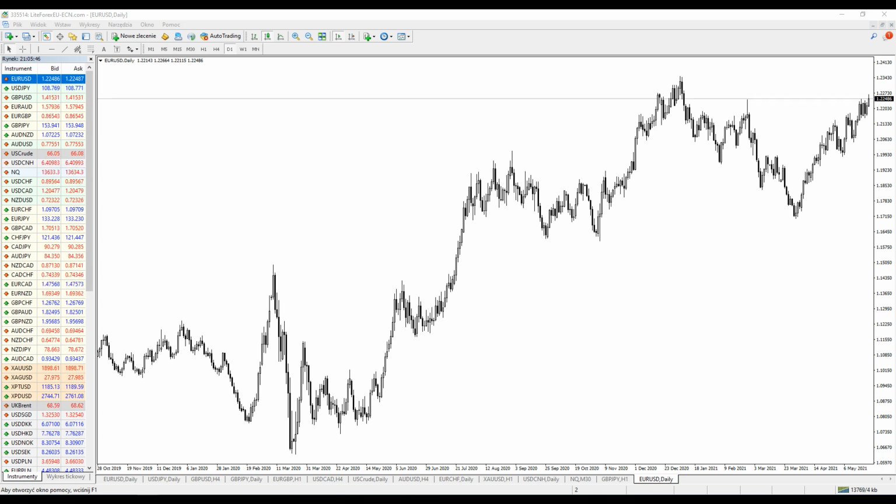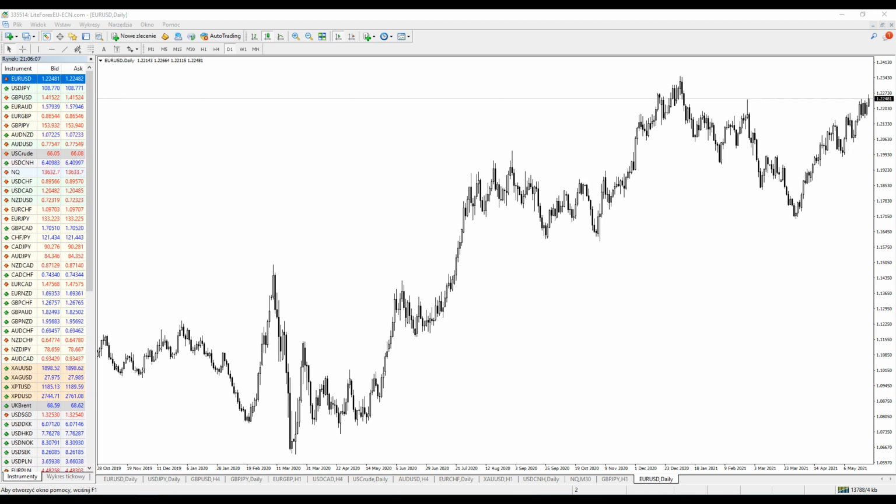Alright, so each and every trader, after a couple of months of trading, gets the chance to recognize certain levels which we might call profitable trading levels.